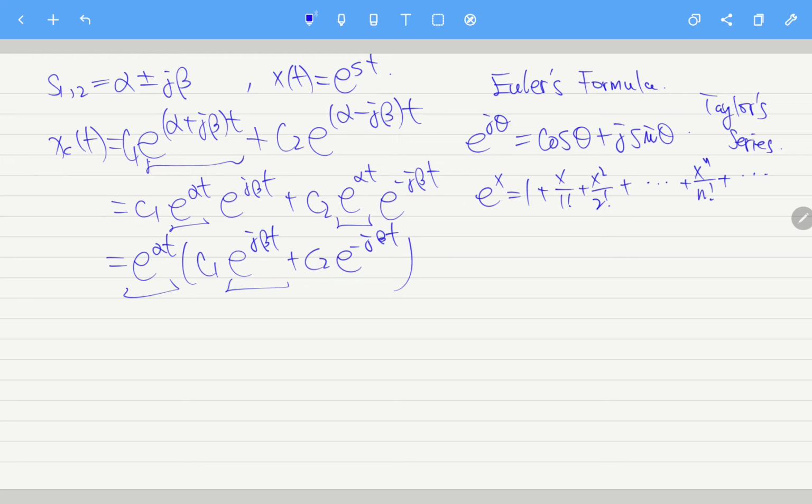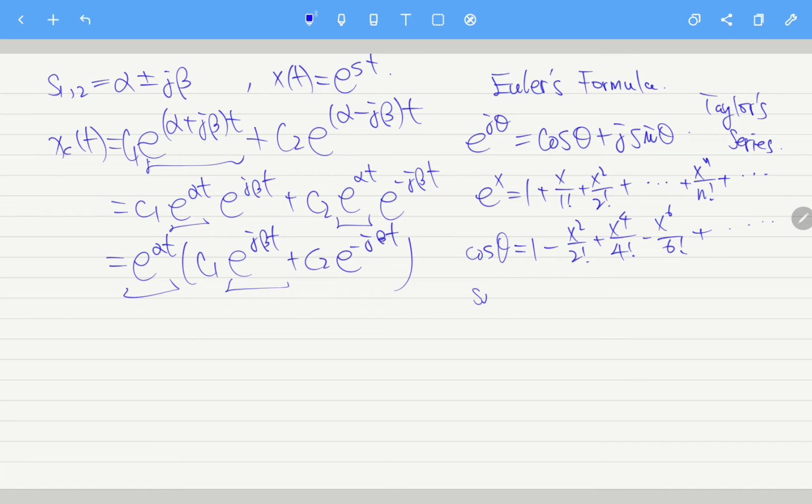And for cosine of x, the series will be 1 minus x squared over 2 factorial plus x to the 4th power over 4 factorial minus x to the 6th power over 6 factorial, up to infinity.